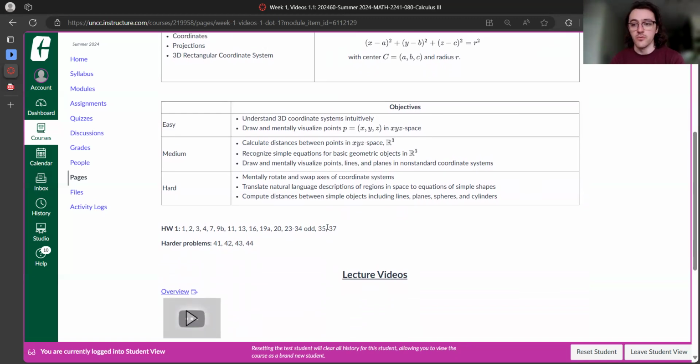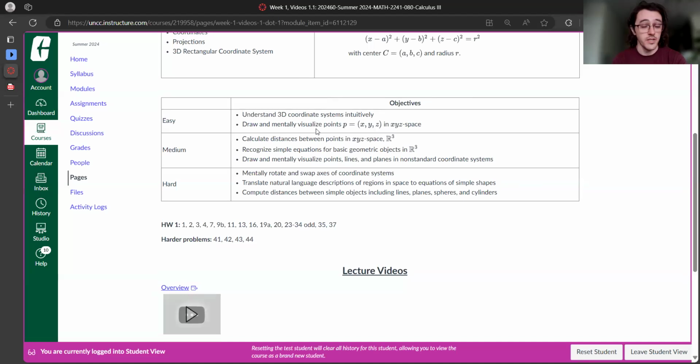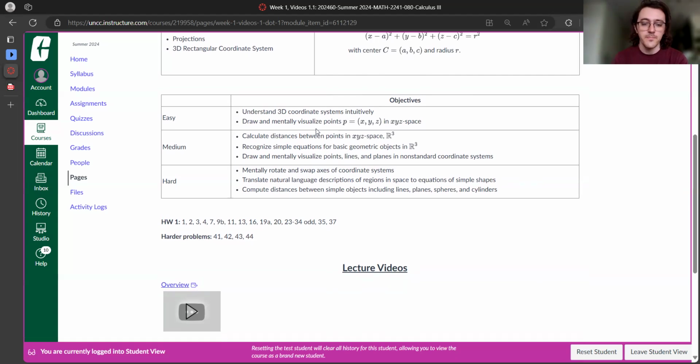However, you do still need to be reading from your textbook to get through most of this. If you decide that you want to not use a textbook at all, that's perfectly fine, but you're giving yourself a little bit more risk of not understanding what's going on.